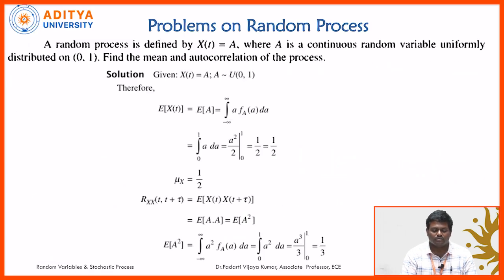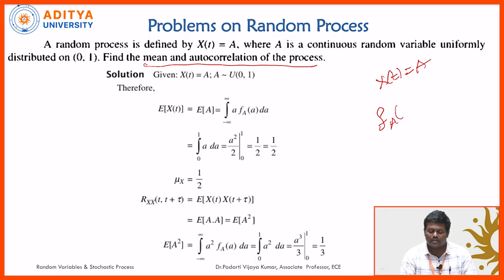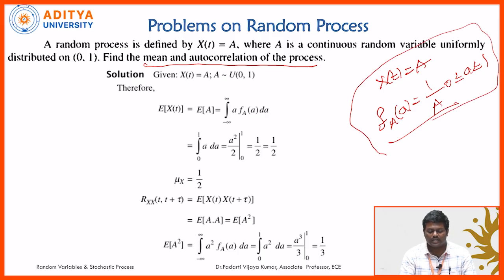Next, one more problem we will see related to the statistical parameters computation, mean and autocorrelation function. A random process x of t is given, and here also A is a uniformly distributed random variable. So, f_A of a will be 1 over the limit 0 less than a less than 1. This is the uniform density function for the given parameters.